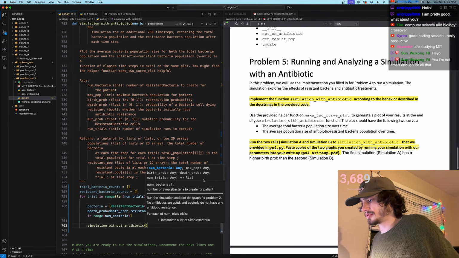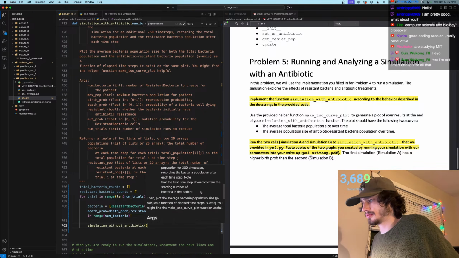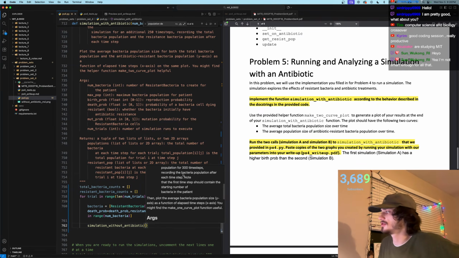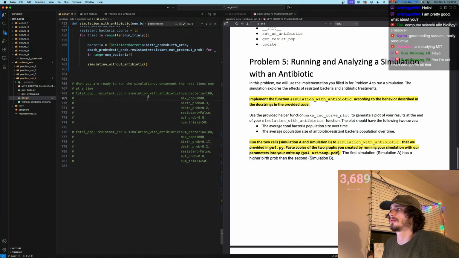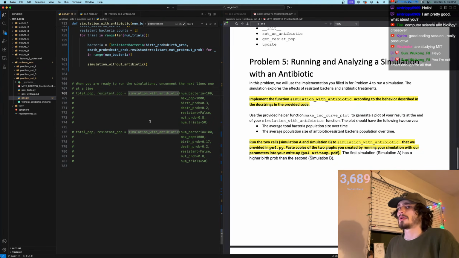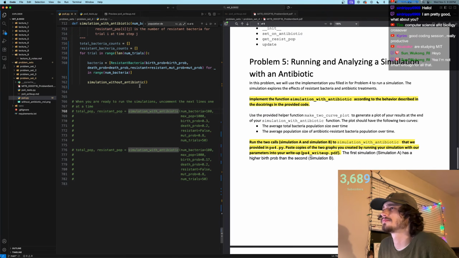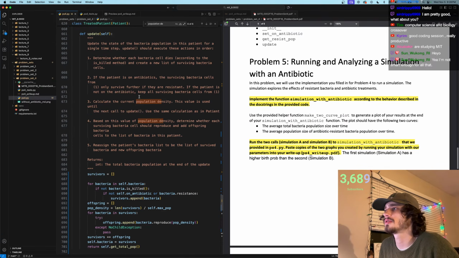So this is going to run the simulation. Run the two calls, simulation A and simulation B, to your simulation with antibiotic that we provided. Shoot. How do we run the simulation?